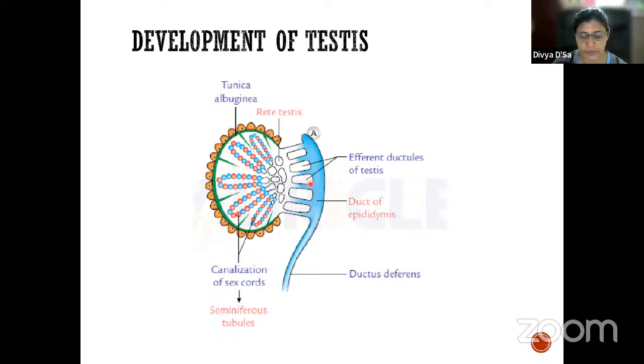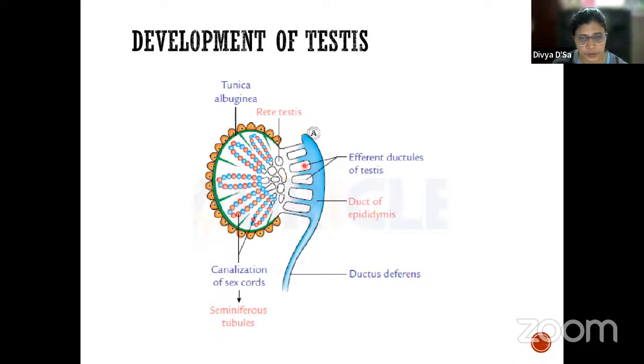The duct system from the mesonephric duct, as well as the external genitalia, depends on this testosterone secreted by the interstitial cells of Leydig.